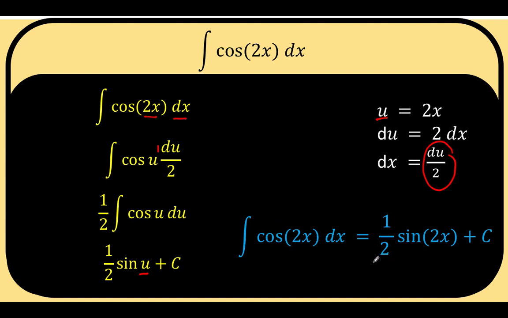The answer is 1/2, then we copy the sine function, replace u by 2x, because that's our substitution, plus a certain constant. We need to remember this formula because we will be using this in our remaining 3 problems. Let's go to our next problem.